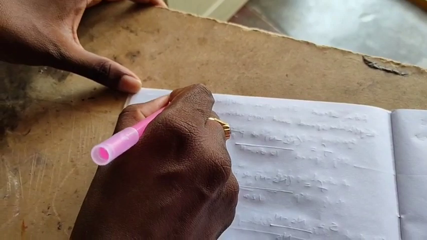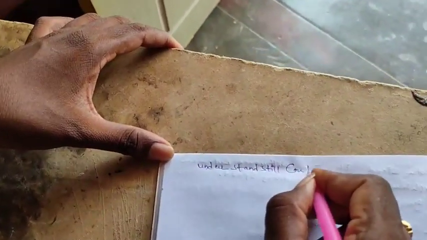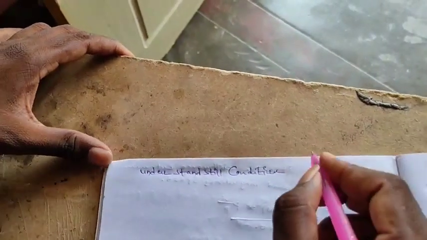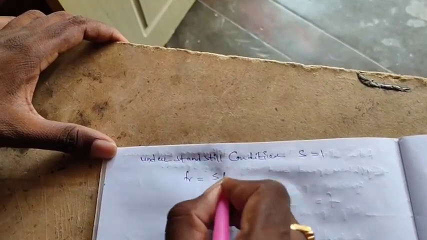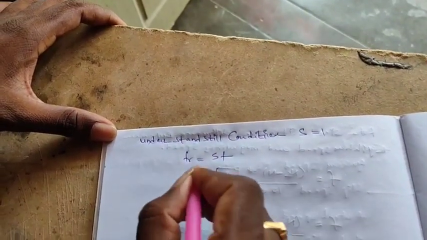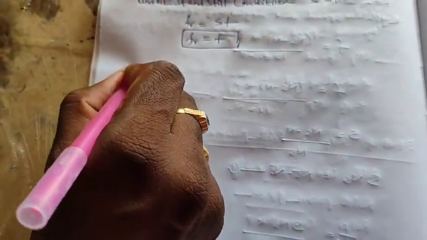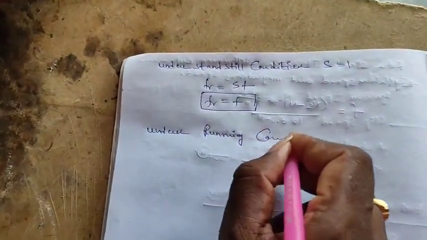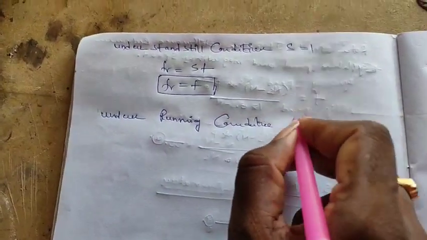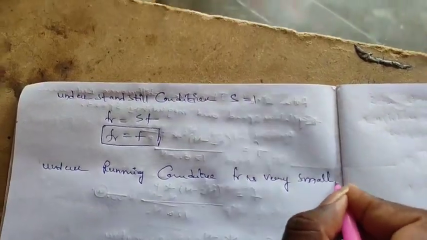So under standstill condition, slip equal to 1, the rotor frequency equal to slip times f, that is fr equal to f. So under running condition fr is very small.